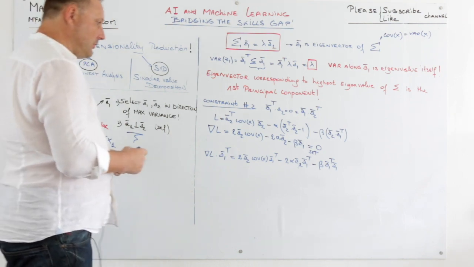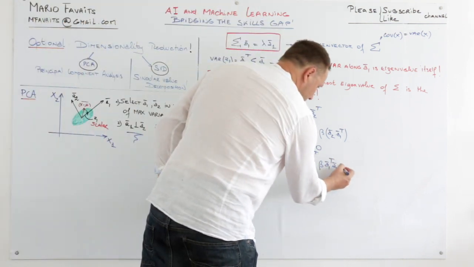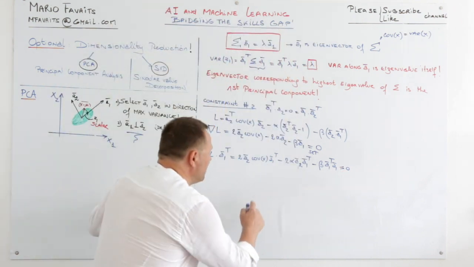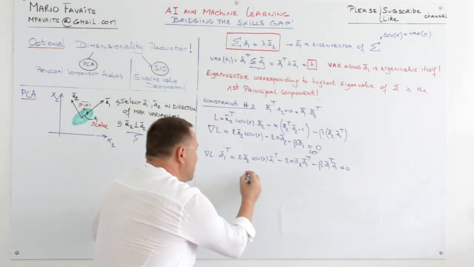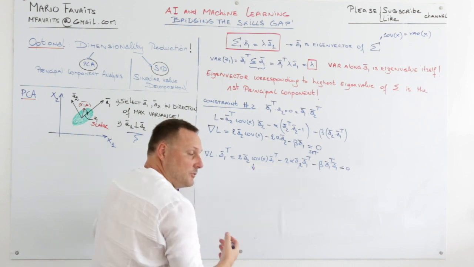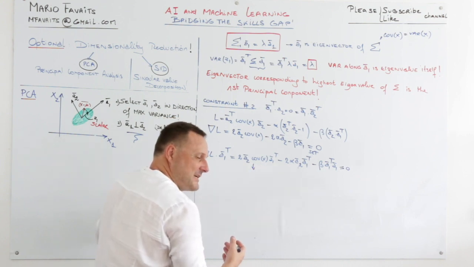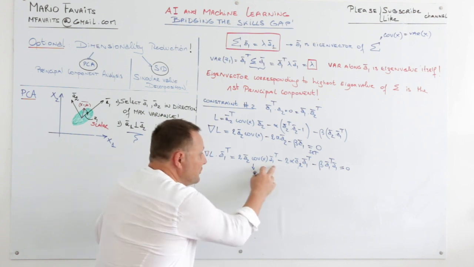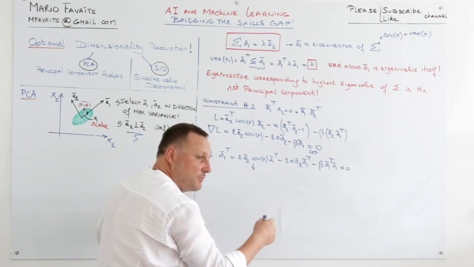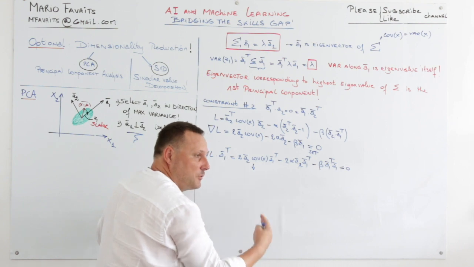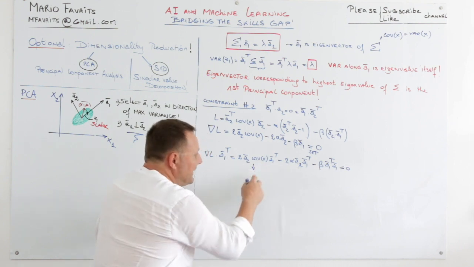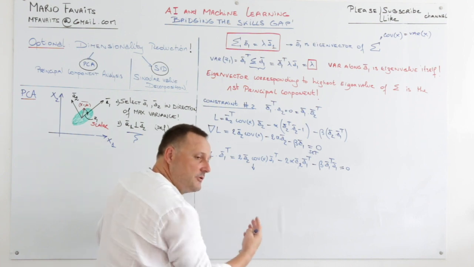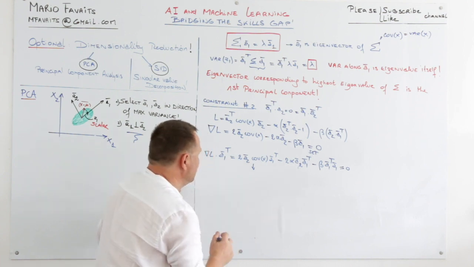Okay, so if we set this to 0, what we're gonna do now is here we're gonna swap A1 and A2. Can I do that? Yes, and the best proof is to use an example. You have two unit vectors. One vector is 1, 0, the other one is 0, 1. And you take a symmetric matrix and you do the calculation, you will see it's the same. I'm not going to do it here.